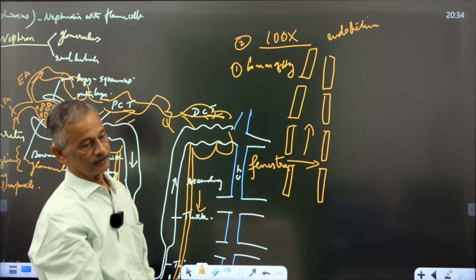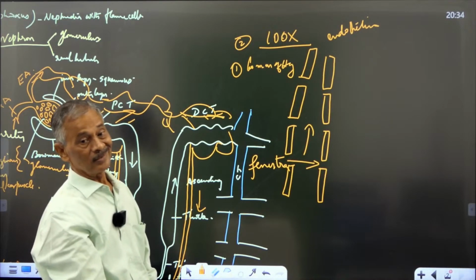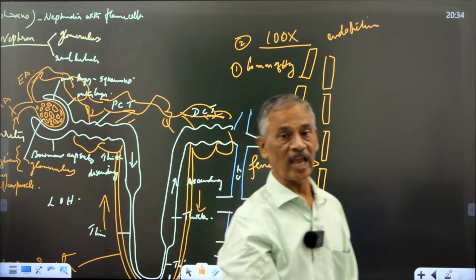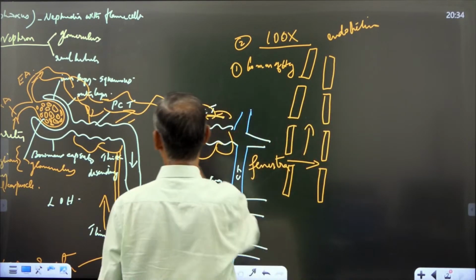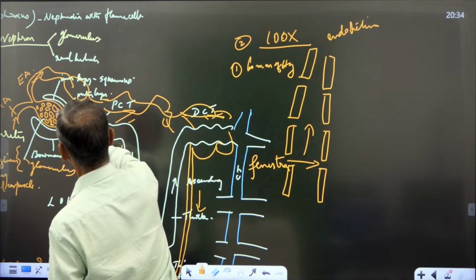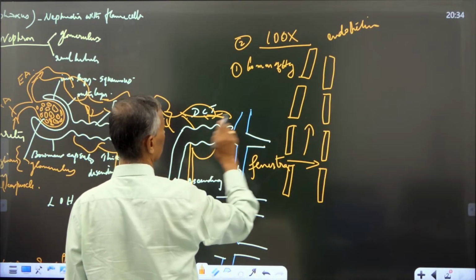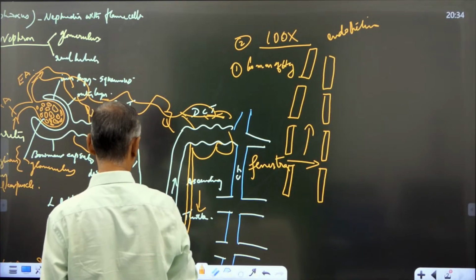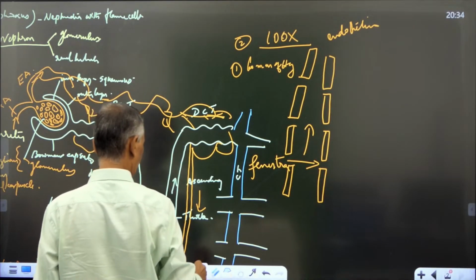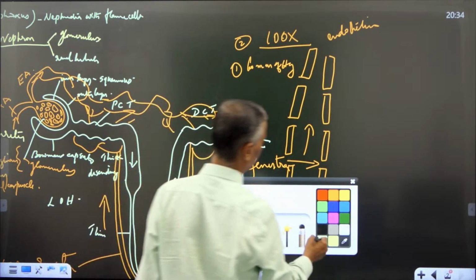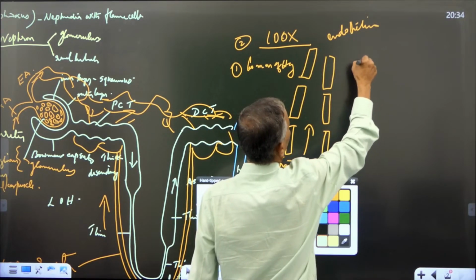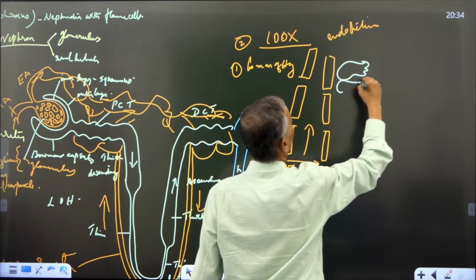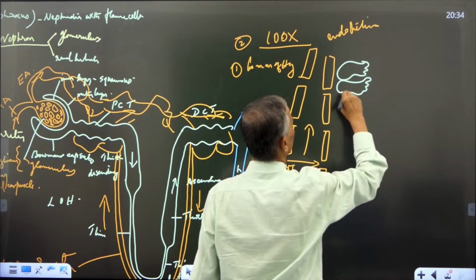Second, you have the inner lining of the Bowman's capsule. So, the wall of the capillaries has fenestra, and the inner layer, which is made up of squamous epithelium, has a special type of cell, which is almost like the shape of the foot.